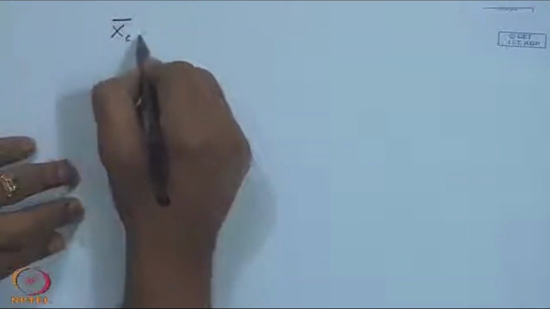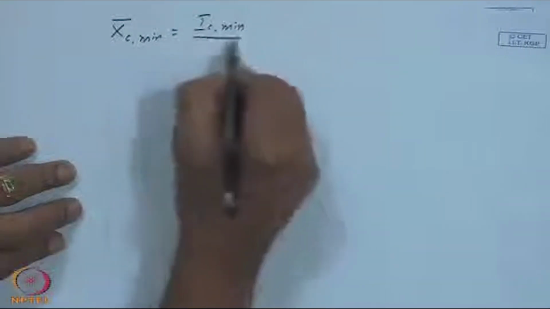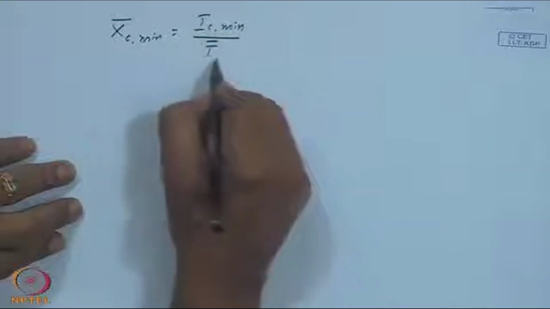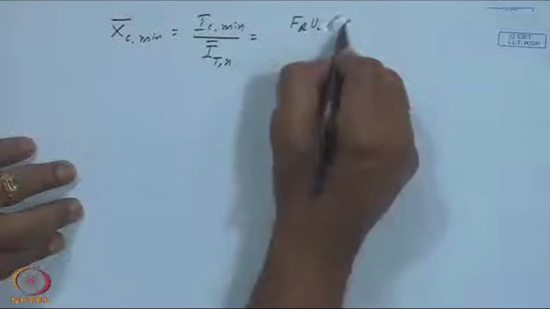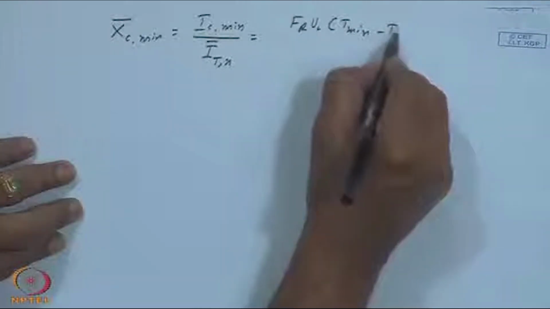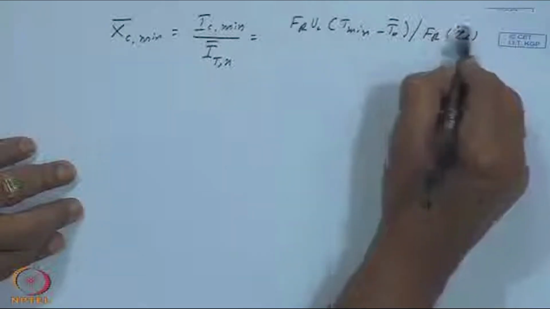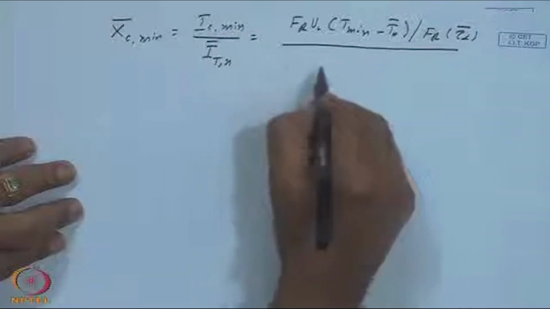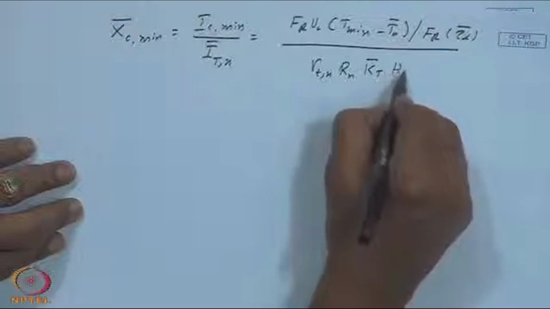Analogously, you can write XC bar minimum, IC min by IT bar noon equal to FR UL T min minus TA bar by FR tau alpha bar by RTN RN KT bar H0 bar.